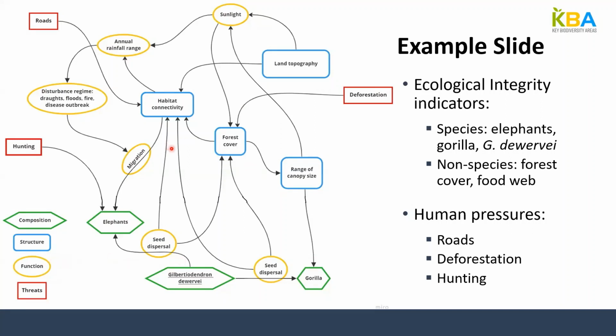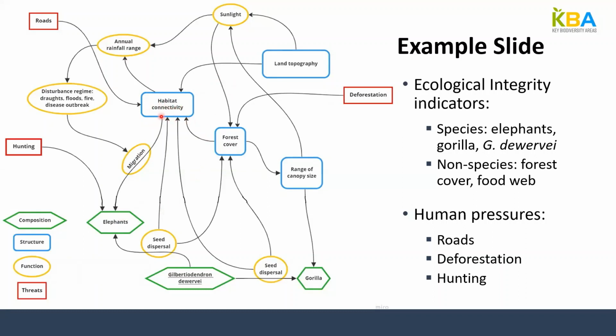Just as an example, as you can see in this concept map, roads can affect habitat connectivity. Deforestation can change the forest cover, and hunting can directly reduce elephant population size. So to demonstrate minimal human impact in this potential case, you may have to provide some evidence showing that the habitat is still well connected.